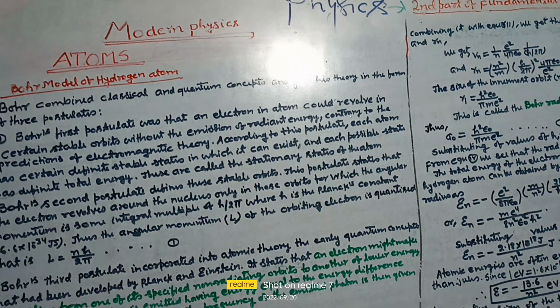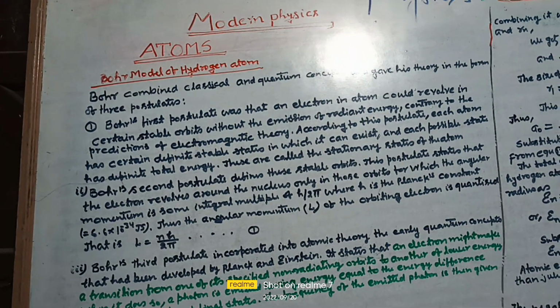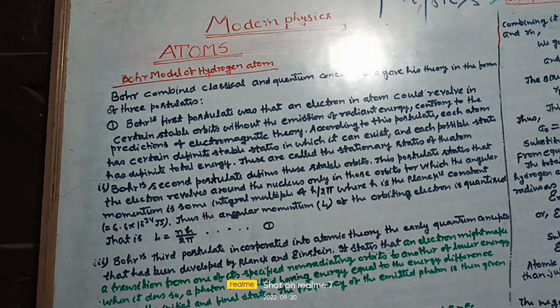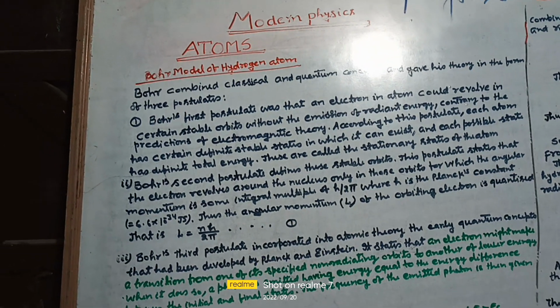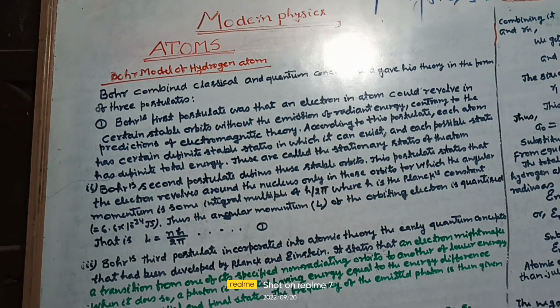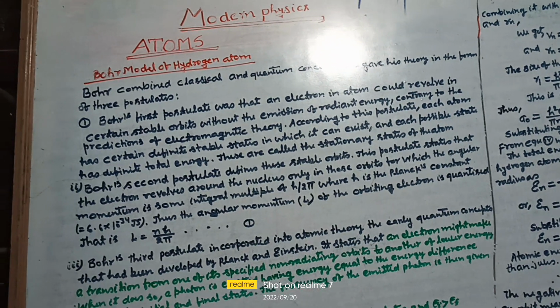And each possible state has definite total energy. These are called the stationary states of the atom.